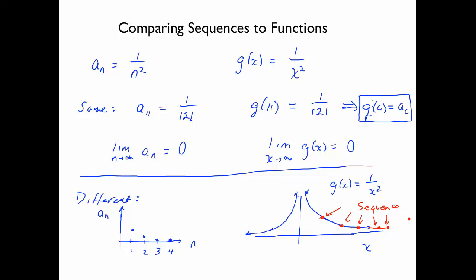Okay, so let's look at some common forms of sequences. The first one is 1 over n to the r, where r is some positive value.